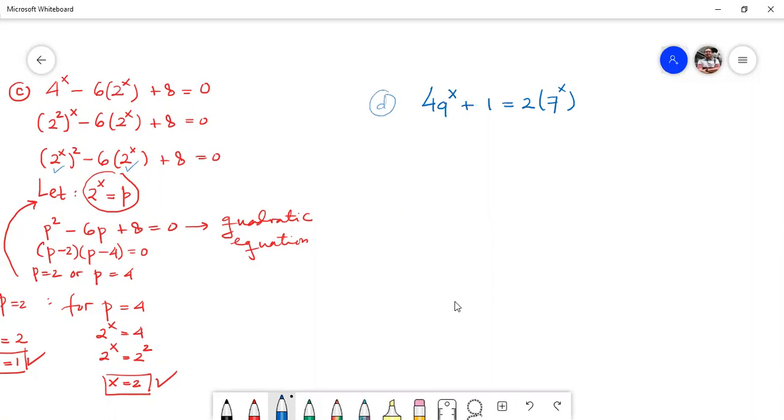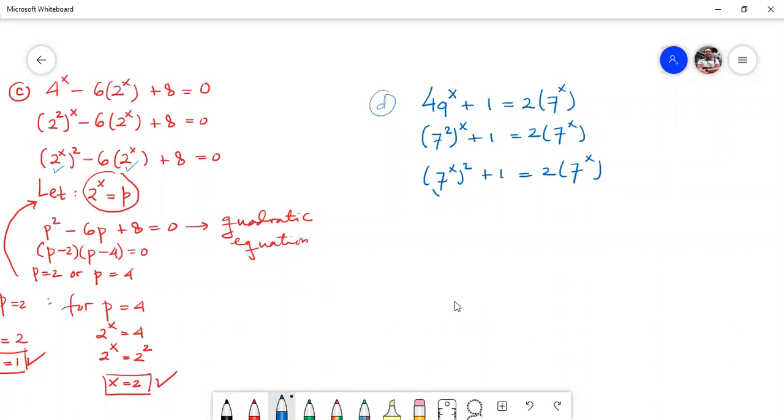I prefer to make 49 become 7 squared inside the bracket. This is x plus 1. This is 2 times 7 to the power of x. Then I switch: this is 7 squared to the power of x, plus 1, equals 2 times 7 to the power of x.